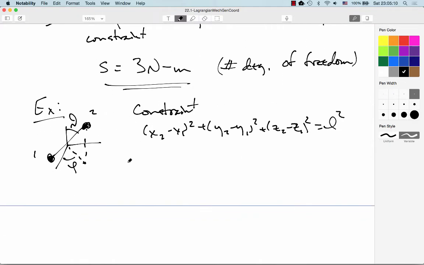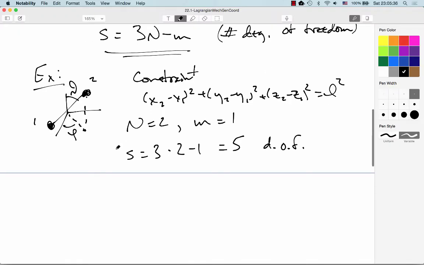So we have two particles and one holonomic constraint. So S equals 3 times 2 minus 1 equals 5 degrees of freedom. So that means that you need, in general, 5 generalized coordinates to describe it. I already kind of gave away 2 of them, the theta and the phi that I already drew.